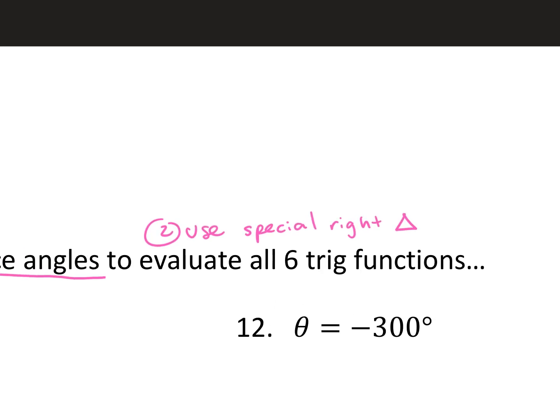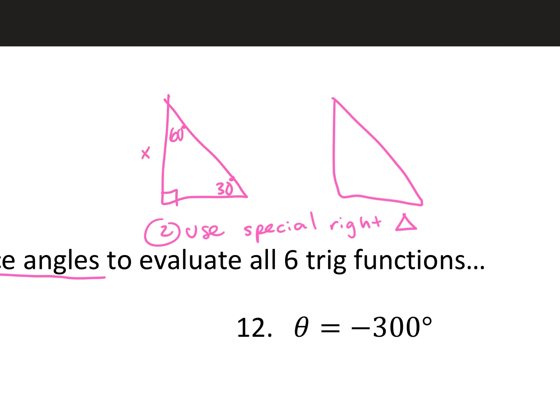So our special right triangles are either 30, 60, 90 or 45, 45, 90. So in a 30, 60, 90, what is opposite of the 30? X, you could call it X or A.